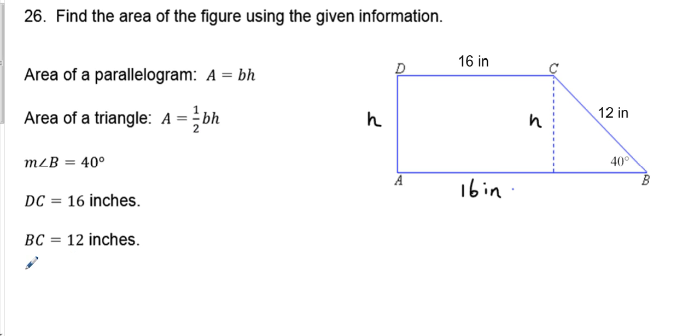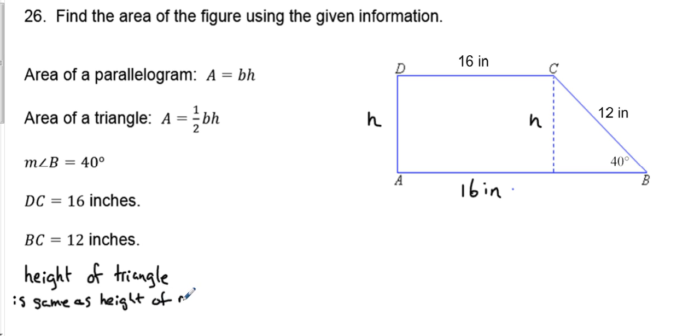Now, you have to remember that the height of the triangle is the same as the height of the rectangle.